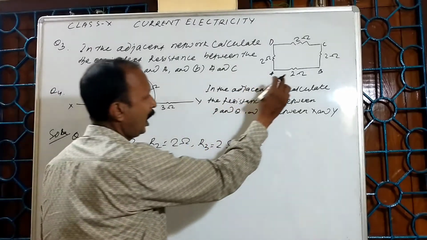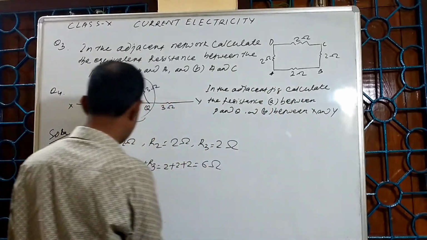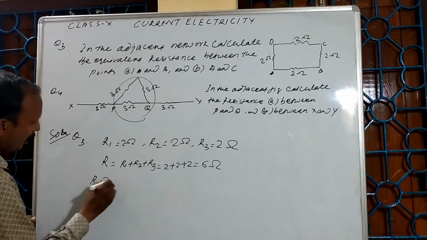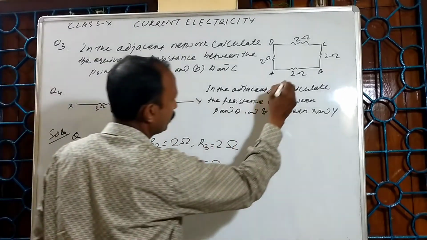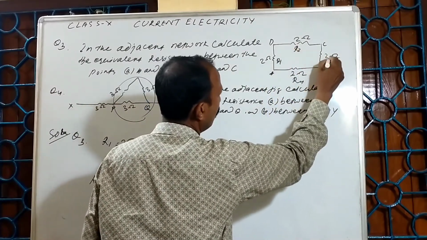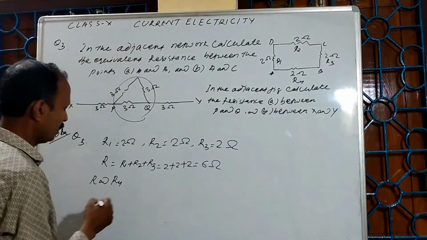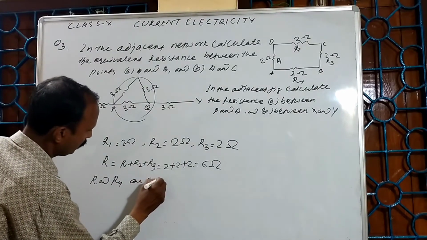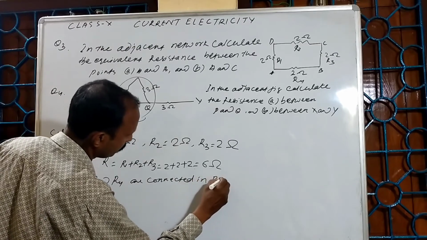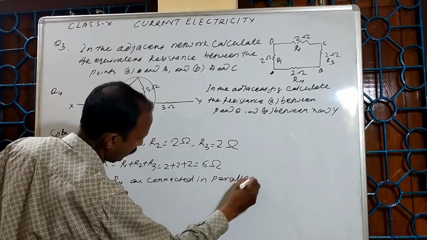Again, this R4 is also connected with this R. You can take this is R4, R1, R2, R3. R and R4 are connected in parallel.